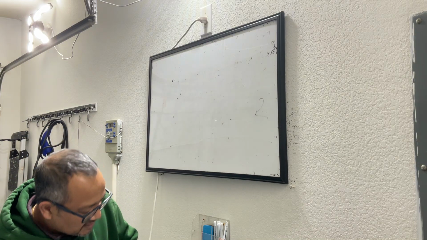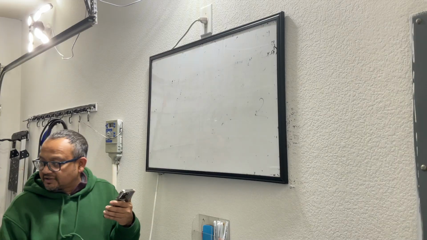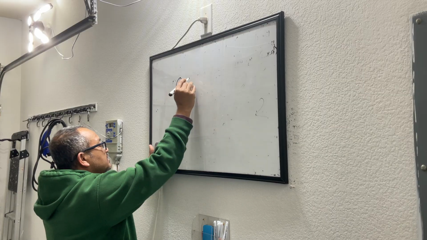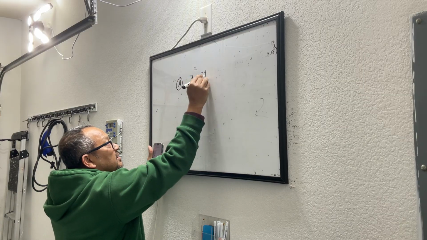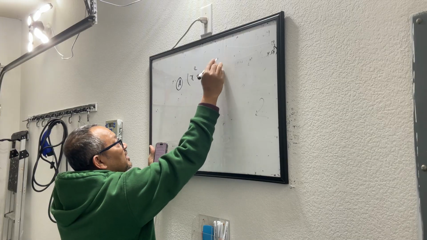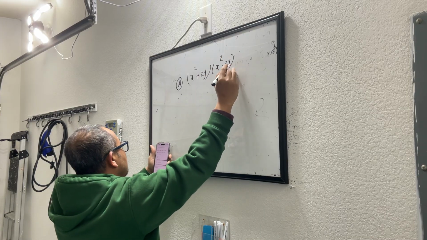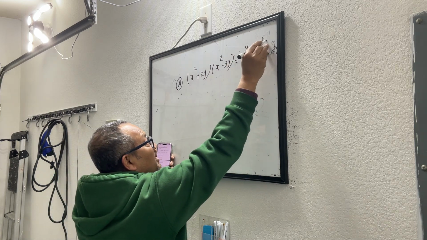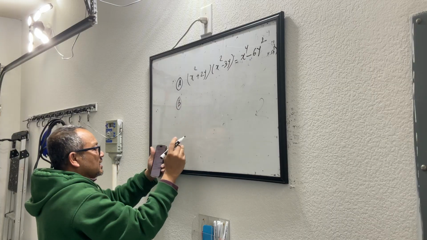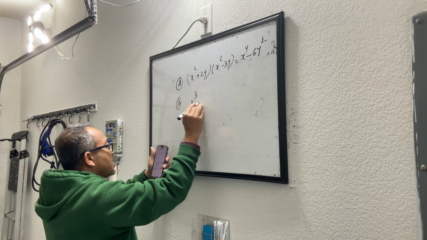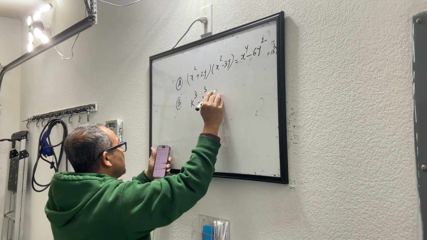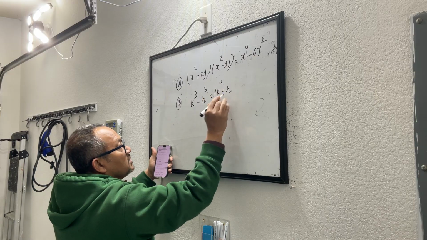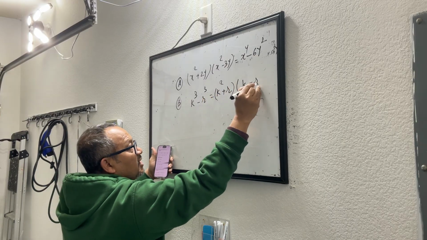The first question says, which of the equations are true identities? And here are the examples. This is one example which says (x squared plus 2y) times (x squared minus 3y) equals x to the power 4 minus 6y squared. Option B is k cube minus r cube equals (k squared plus r) times (k minus r) squared.